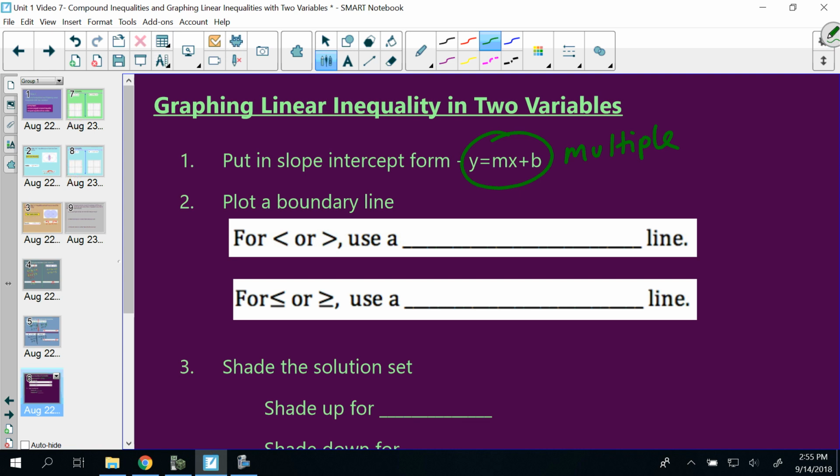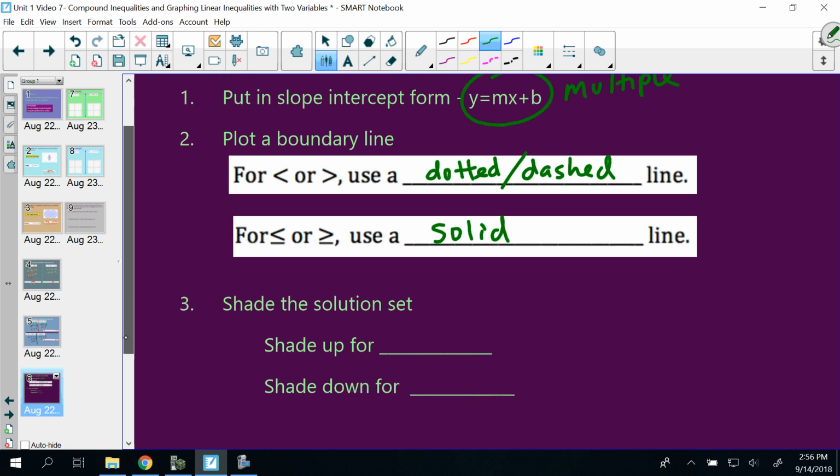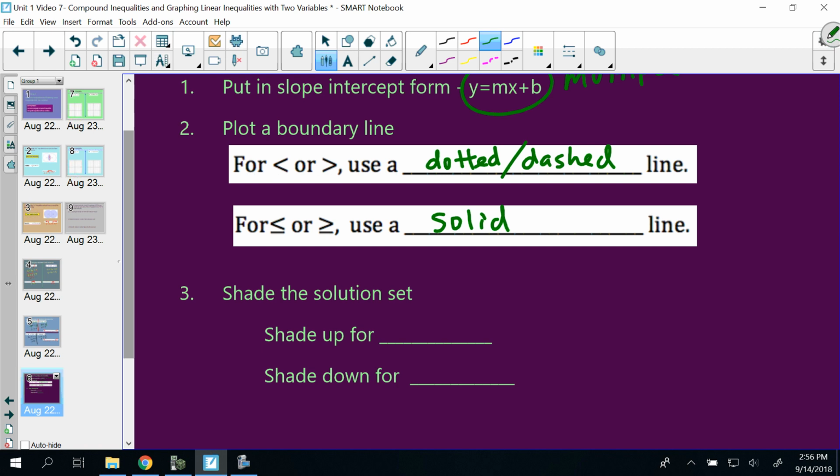So our boundary line needs to show whether we want to include the points on the line or not. If it's less than or greater than, then we use a dotted or dashed line. If it's equal to, then we use a solid line like we normally do to show the points on the line are answers. Also, then we've got to figure out which side of the line to graph on. Now, the quick method of doing this is to look at the arrows.